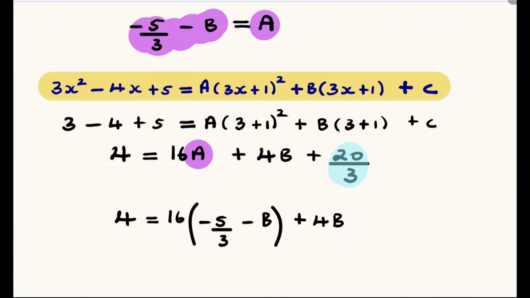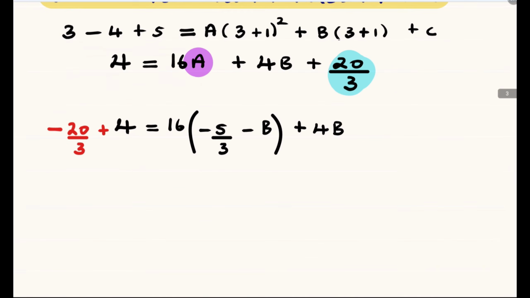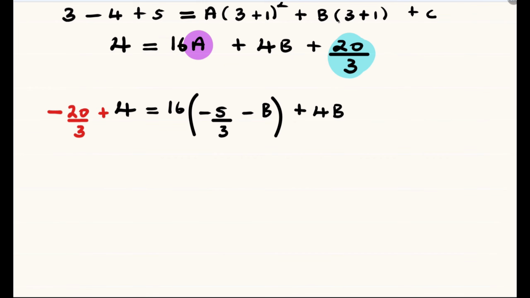We can move that 20 divided by 3 to the left. It will change sign to negative 20 divided by 3. Negative 20 divided by 3 plus 4 will be equal to negative 8 divided by 3.